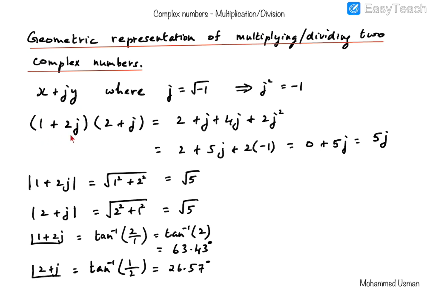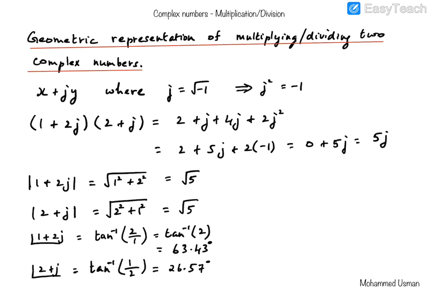So 1 plus 2j has a magnitude equal to root 5, and 1 plus 2j has an angle equal to 63.43 degrees. So we want to see what happens to this magnitude and angle of the complex number 1 plus 2j when it is multiplied by another complex number 2 plus j, which has a certain magnitude and a certain angle.